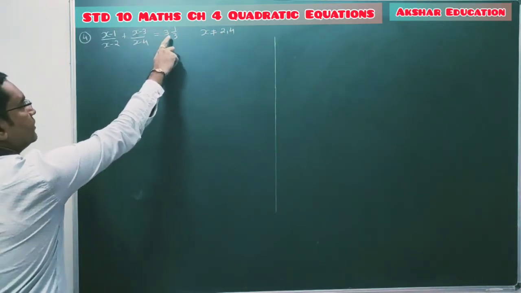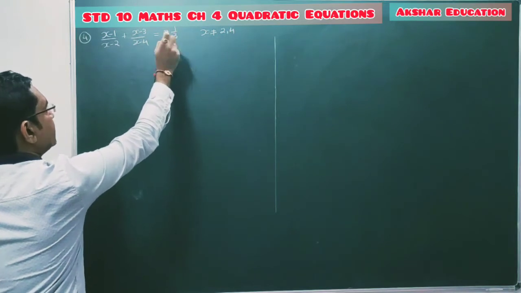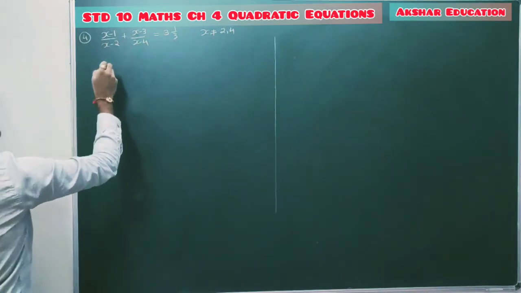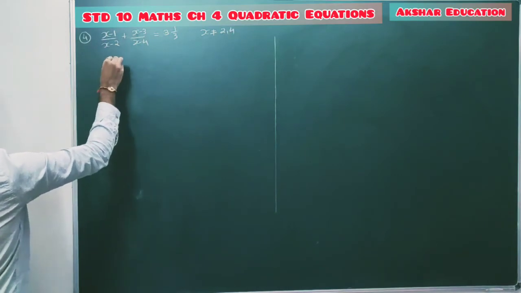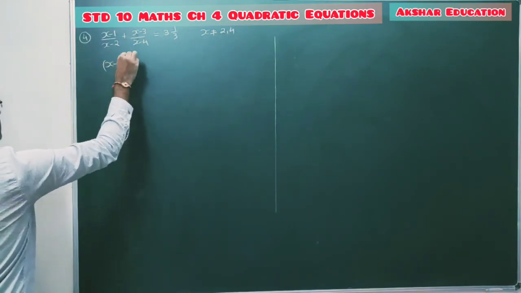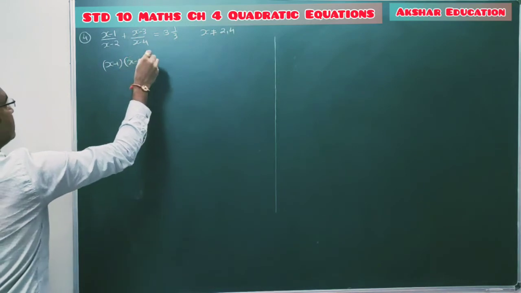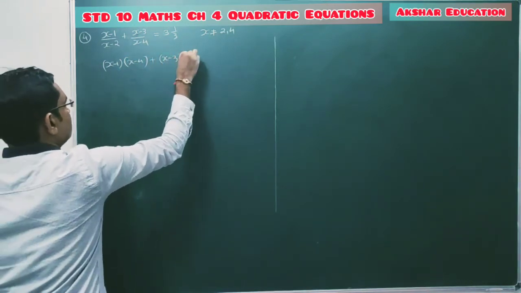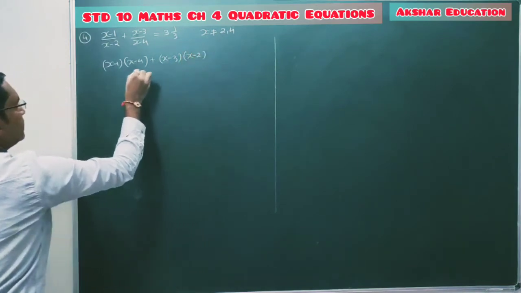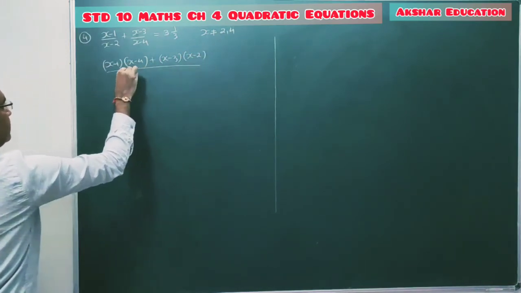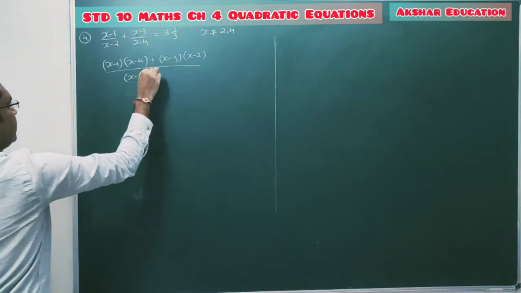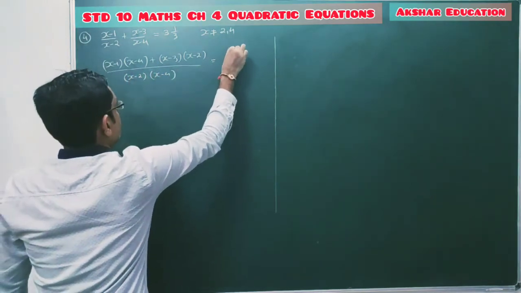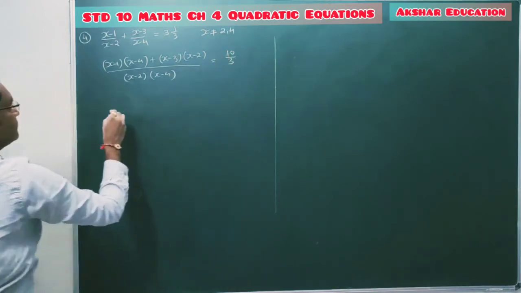So this is a mixed number, 3 threes are 9 plus 1, 10 by 3. So first convert this mixed number into a fraction and here perform cross multiplication. So it's x minus 1 into x minus 4 plus x minus 3 into x minus 2, whole divided by x minus 2 into x minus 4, and this is equal to 10 by 3.